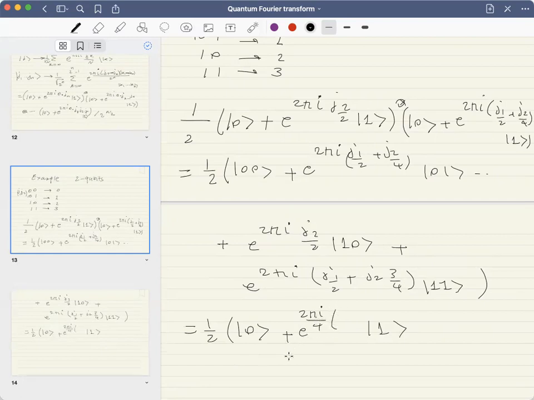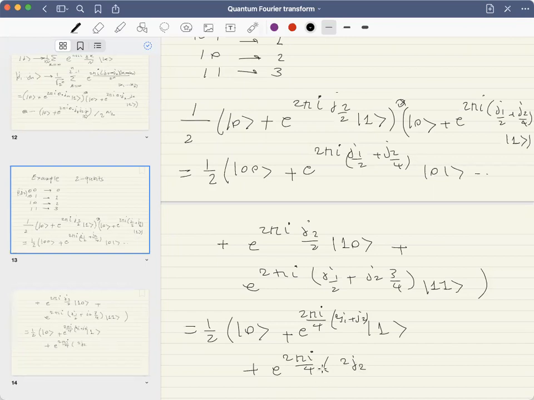And then I have 2J1 plus J2. For the next one, which is this one, I have e to the 2 pi i over 4, and then I get 2J2.